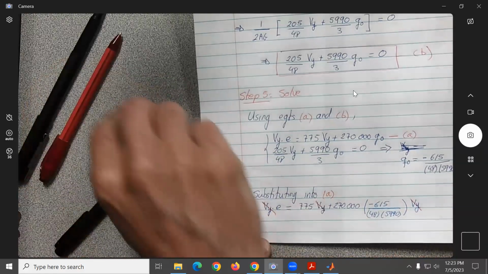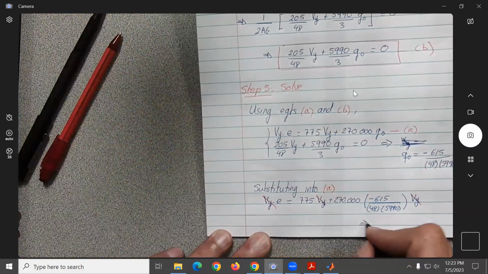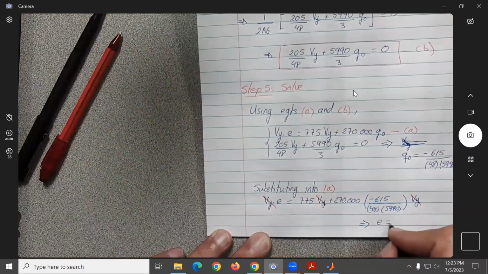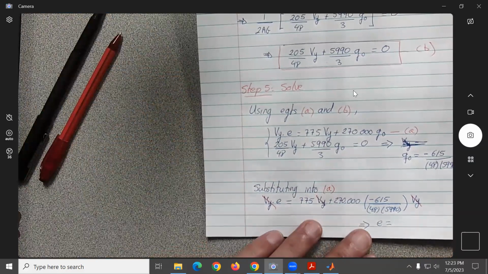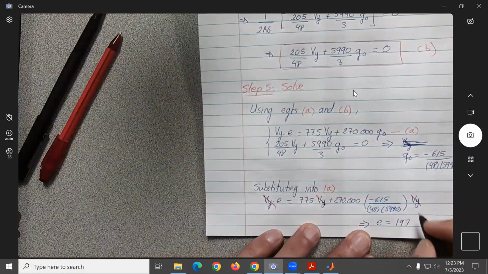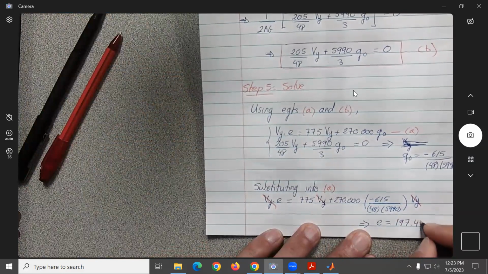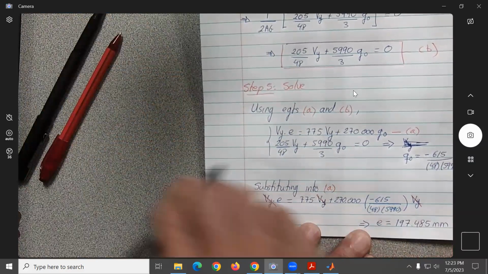Okay, and everything is a constant value. And this should give you that E, the location of the neutral axis, to be equal to approximately 197.485 millimeters.